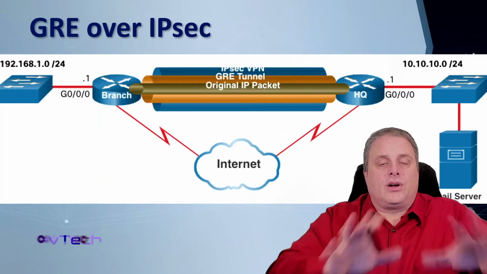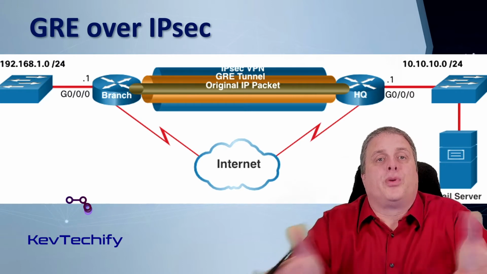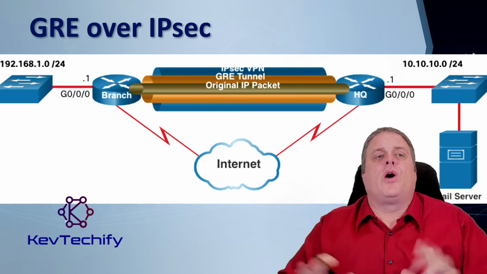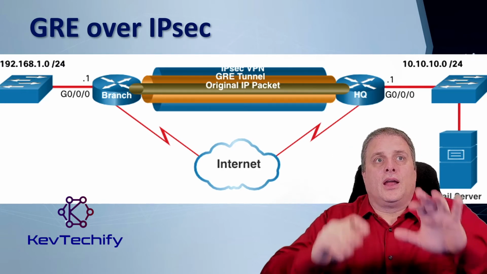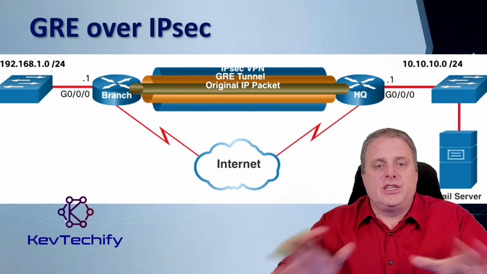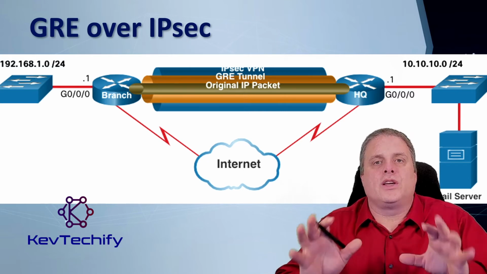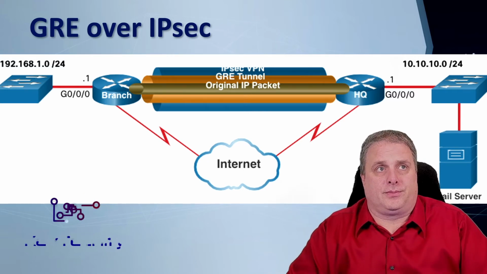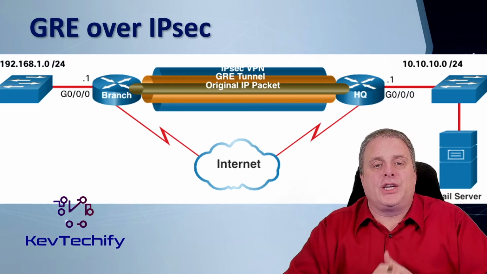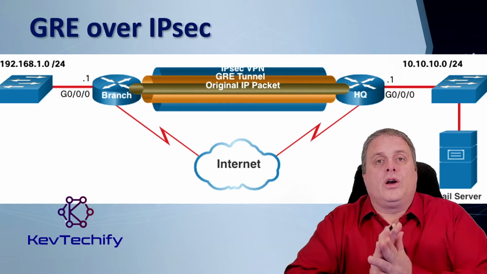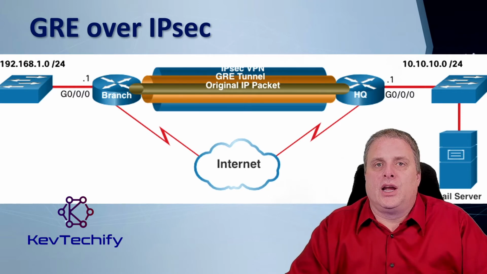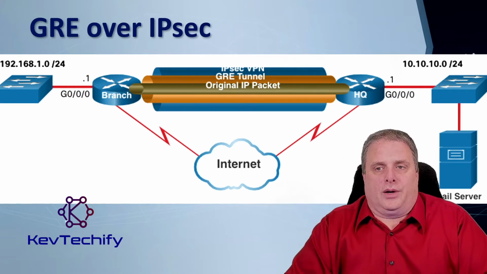Here's an example of it from a production setting. You have your two offices. We have the branch office, we have your HQ office. And we have these two routers. And these two routers need to exchange OSPF routing information. Now, this routing information has to go over the internet. The internet's an untrusted network. You don't really want to send your routing information unencrypted over the network.